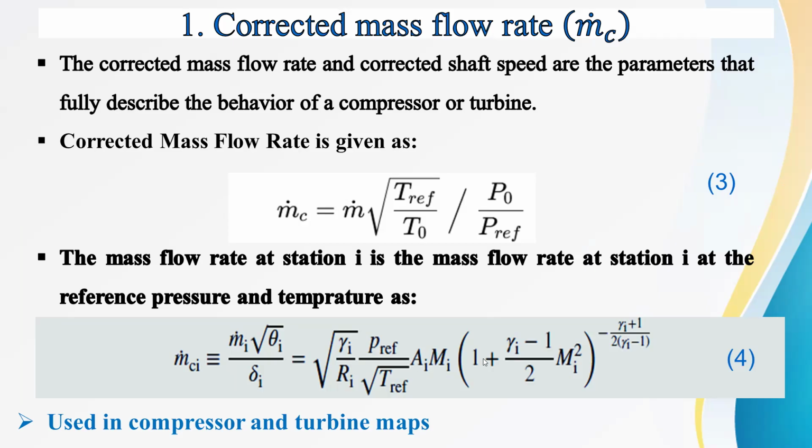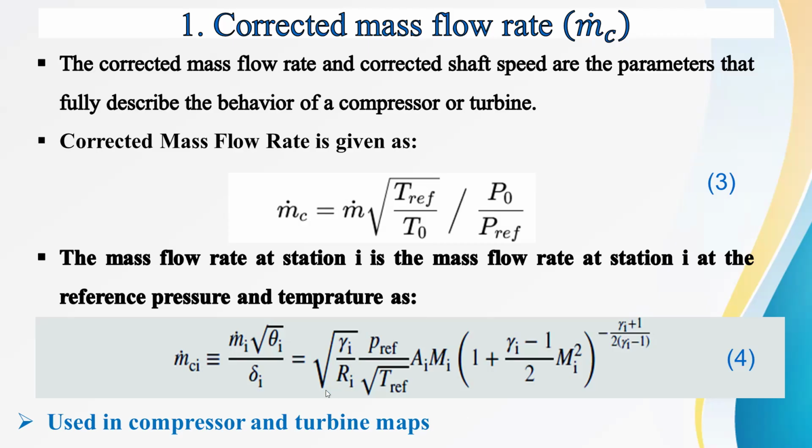Therefore, this can be rewritten with the help of the gas constants, gamma_i and R_i. Actually R_i is constant, 287.05 joule per kilogram Kelvin.